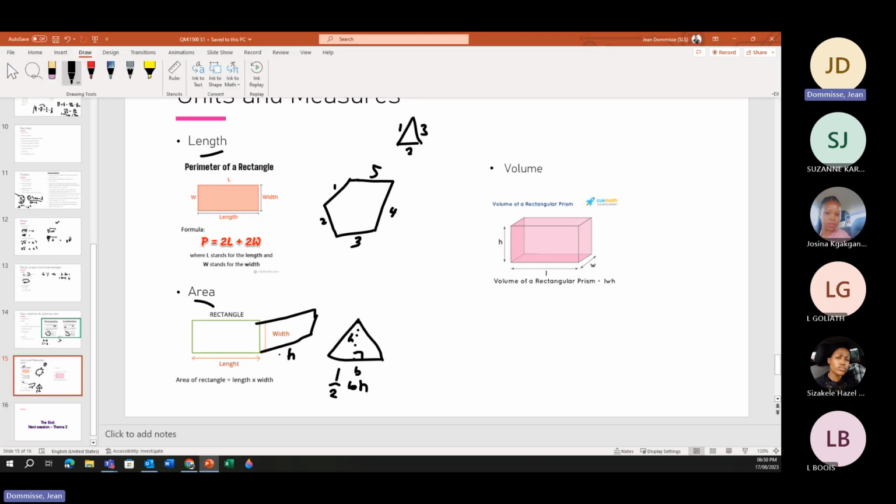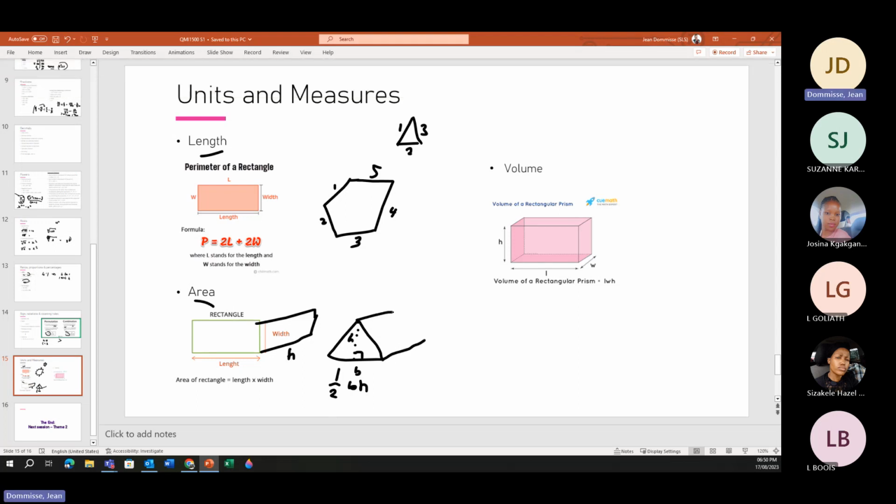So again, if we had the triangle, the only thing that we would have added was a height component. So your volume of a triangle would have been half times base, that small height times your bigger height.